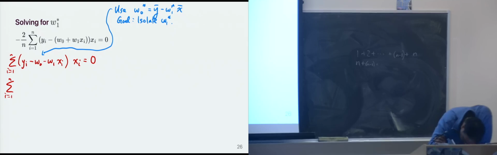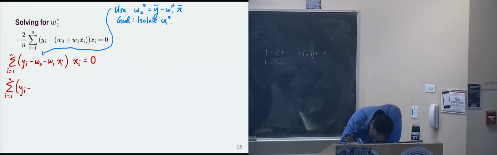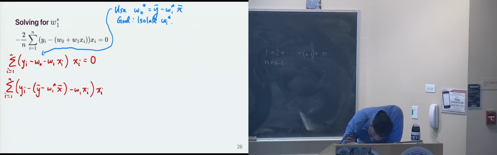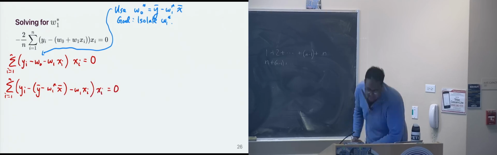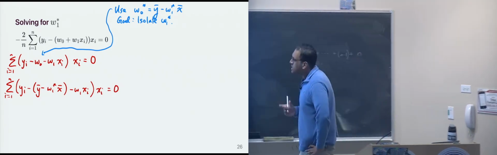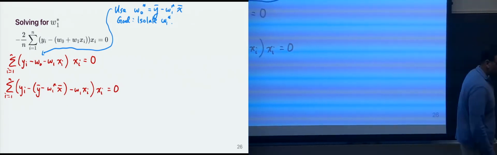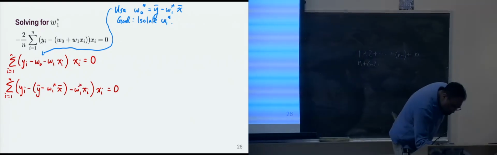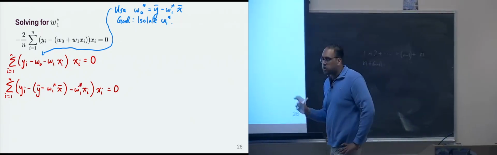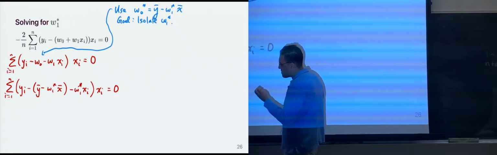Sum of yi minus y bar minus W1 star x bar minus W1 xi equals 0. And remember here, my goal is to try and, well, let me toss a star on this xi too. My goal is to try and solve for w1 star.